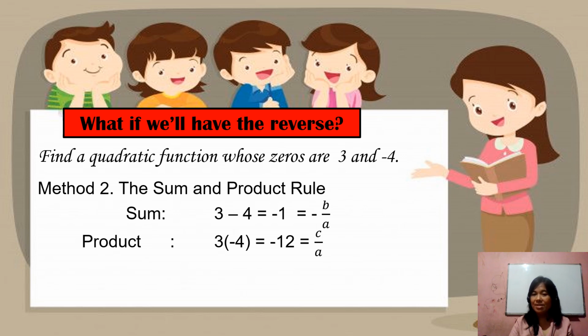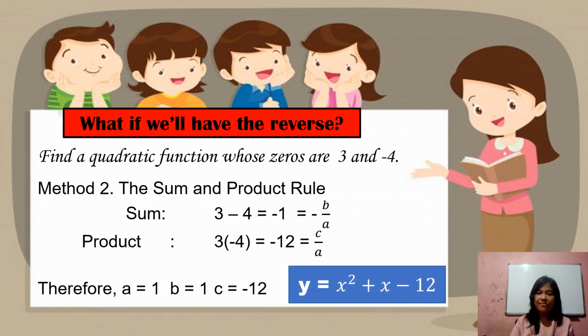For our b, we change the sign of the sum, so it becomes positive 1. And c is of course negative 12. Okay? Review your previous lessons, we've been doing this already. Then we substitute it into the general form. Now, we have y equals x squared plus x minus 12.